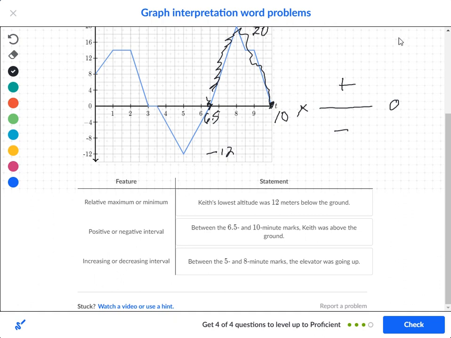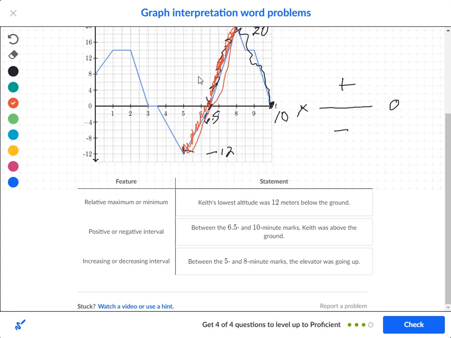Now the 5 to 8. Well, 5 is here, so this is my 5. My 8 is there. Now if you look at this interval, let's try again in a different color. My interval will start here, and then I'm going to work my way up. Look at that.